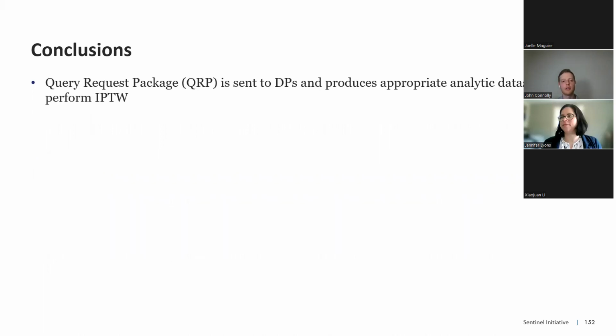So in terms of how the tools actually work for when you might be using them yourself, it's split into two parts. The first part, the distributed part, is known as Query Request Package, or QRP. This is the part that's sent out to the data partners, who have their data in the Sentinel Common Data Model format. And this is what produces the analytic data sets, that risk set level data that we need to do IPTW.